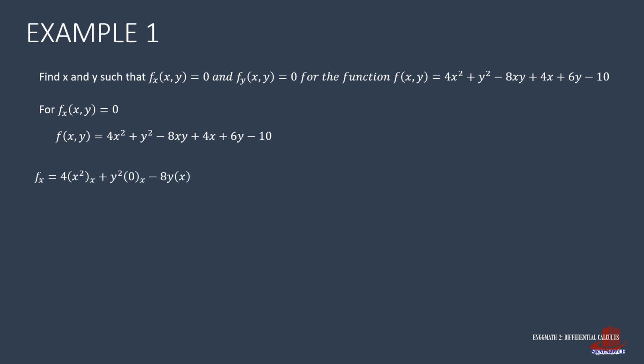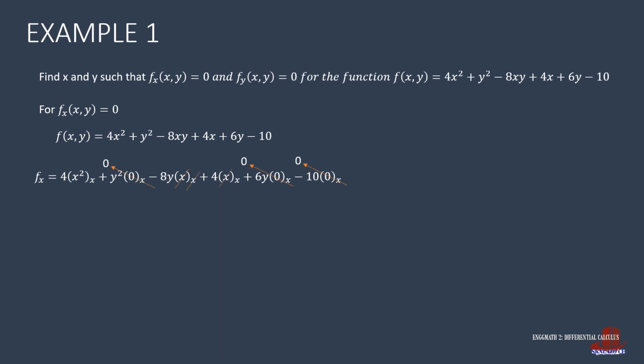F sub x is 4 times the derivative of x squared plus y squared times the derivative of 0 minus 8y times the derivative of x plus 4 times the derivative of x, and this continues with 6y times the derivative of 0. And lastly, minus 10 times the derivative of 0.